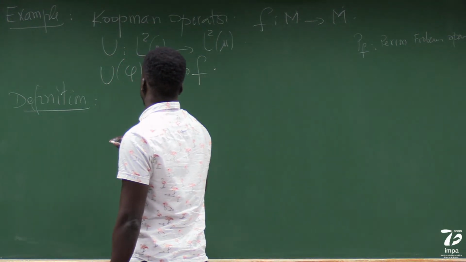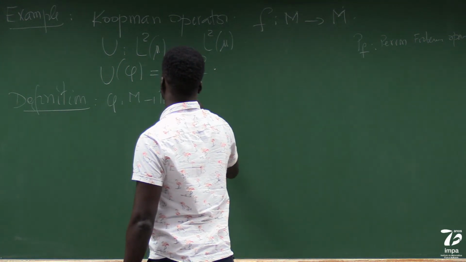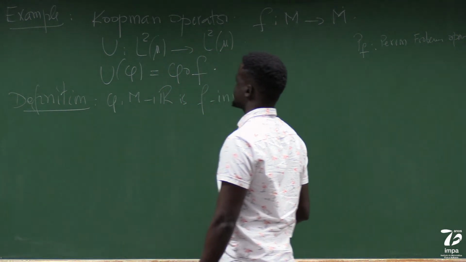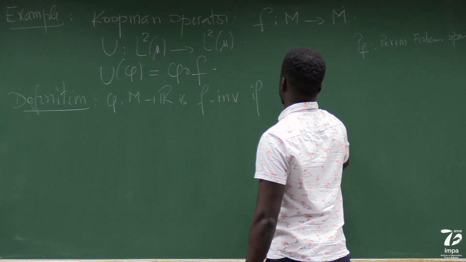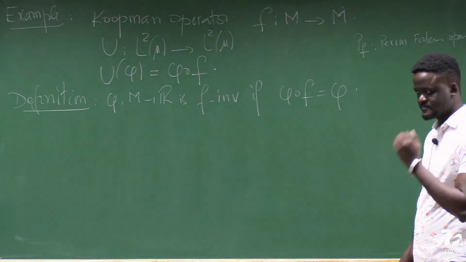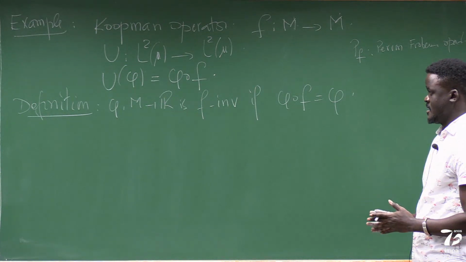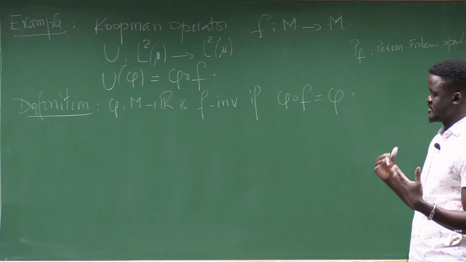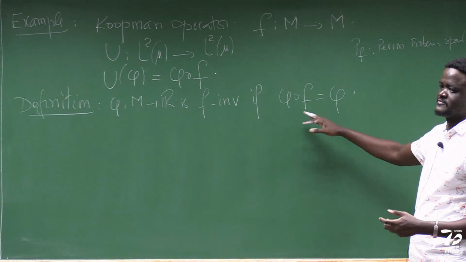So, if you have a function phi from M to R measurable, it is F invariant if phi composed with F equals phi. So this is the definition of an invariant function. And we will see later that in most systems that we are considering, invariant functions are just the constant function.